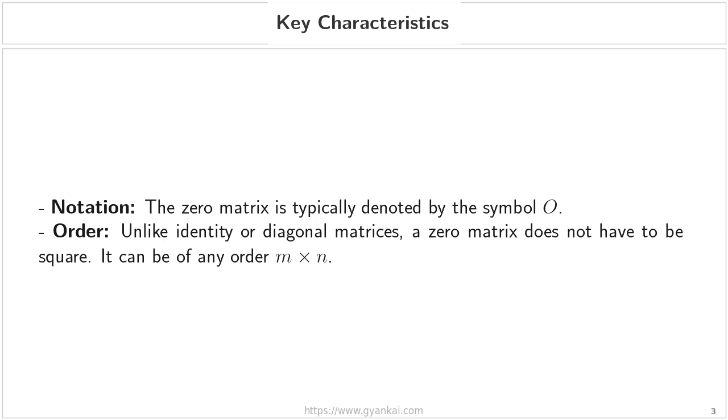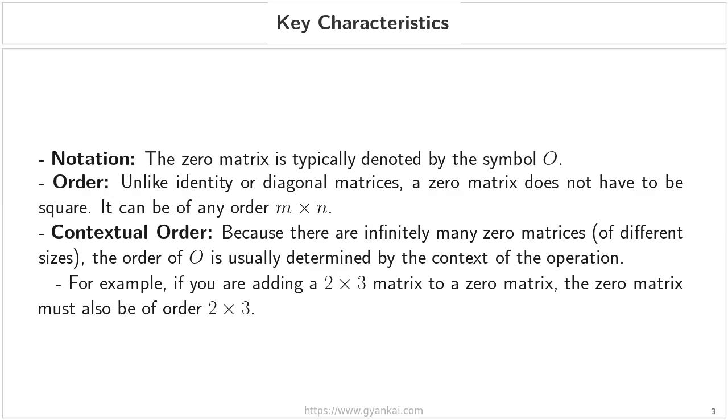Unlike identity or diagonal matrices, which must always be square, a zero matrix does not have to be square. It can be of any order, which we describe as m by n, where m represents the rows and n represents the columns. Because a zero matrix can take any dimension, there are infinitely many different zero matrices.